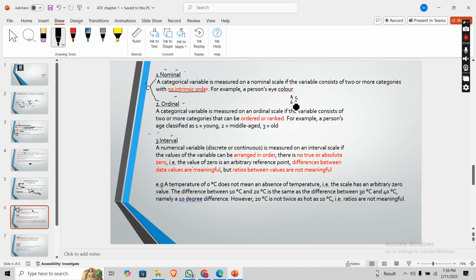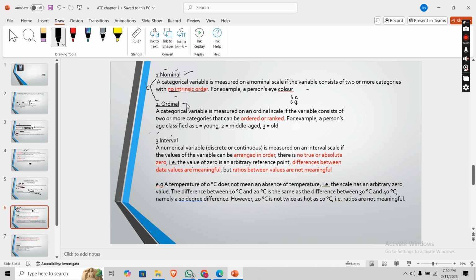So order doesn't matter. If your random variable does not have any intrinsic order, or the order in which you record your data does not matter, then we use the nominal scale.